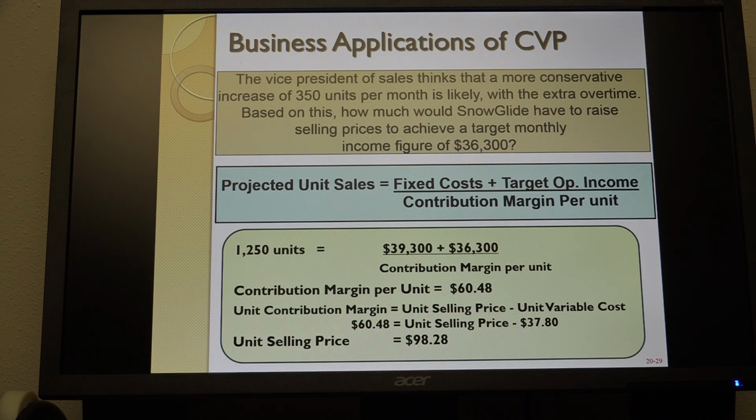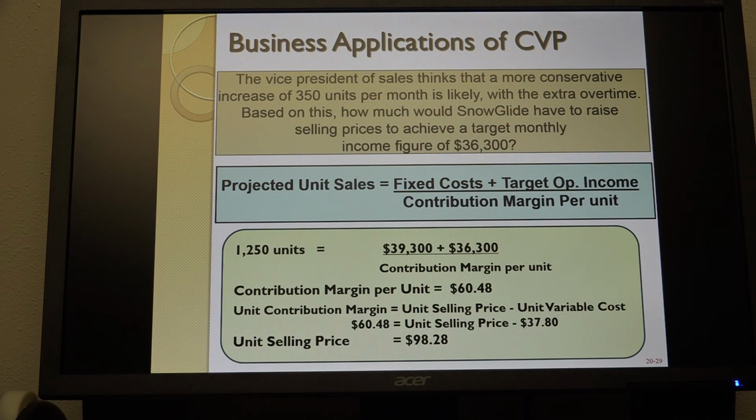You've got your fixed cost of 39,300 plus the target operating income of 36,300. You're going to divide those numbers, 75,600, by the 1,250 units to come up with a contribution margin per unit of $60.48.